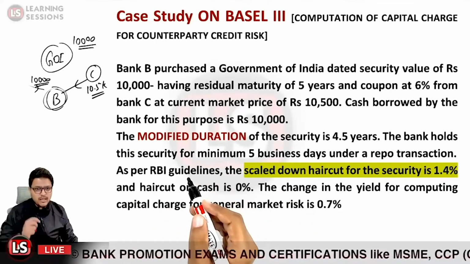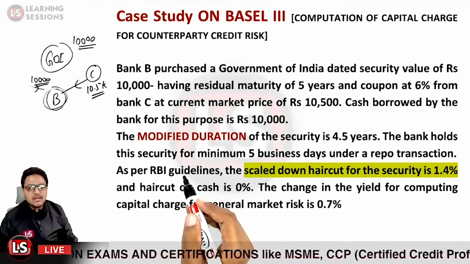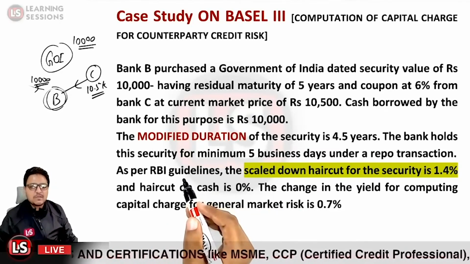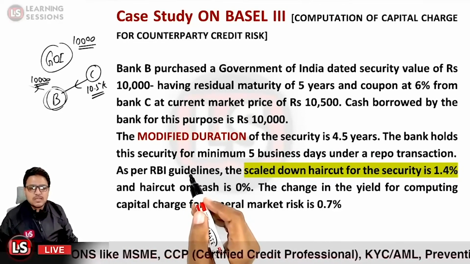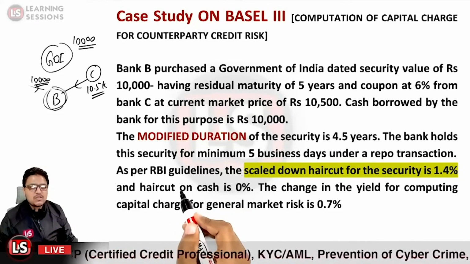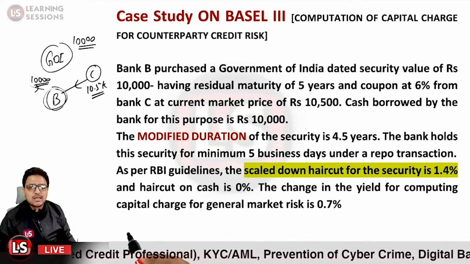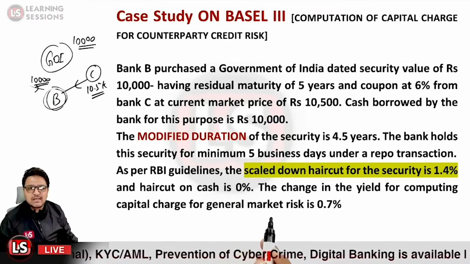As per Reserve Bank of India guidelines, the scaled down haircut for this security is 1.4%, and the haircut on cash is 0%. The change in yield for computing the capital charge for general market risk is 0.7%.